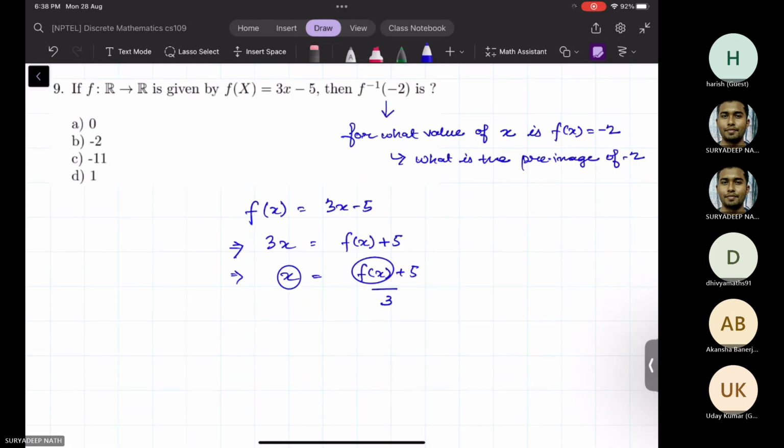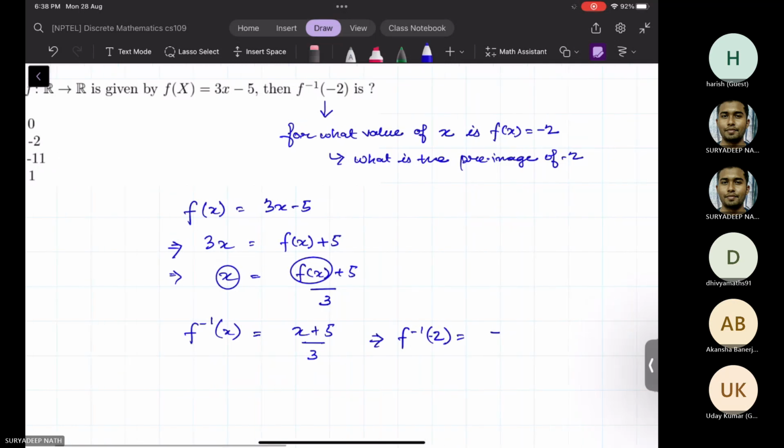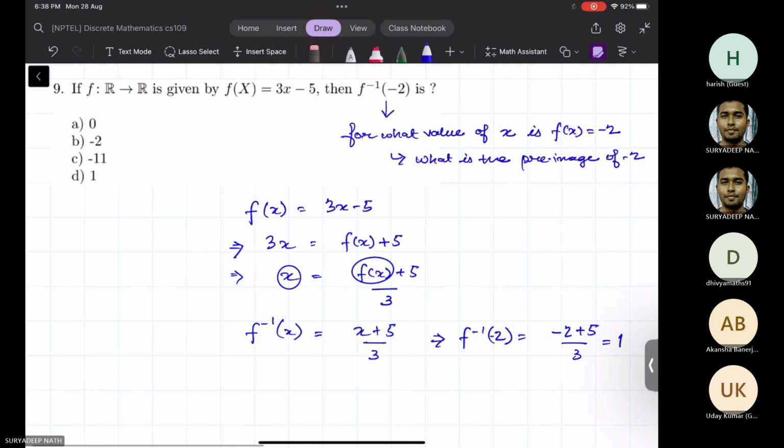So we can rewrite this statement: f inverse of x is basically x plus 5 over 3. So f inverse of minus 2 is minus 2 plus 5 by 3, which is 1. So the right answer is option D, 1.